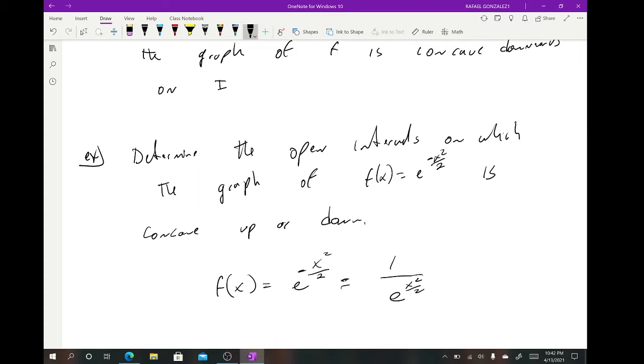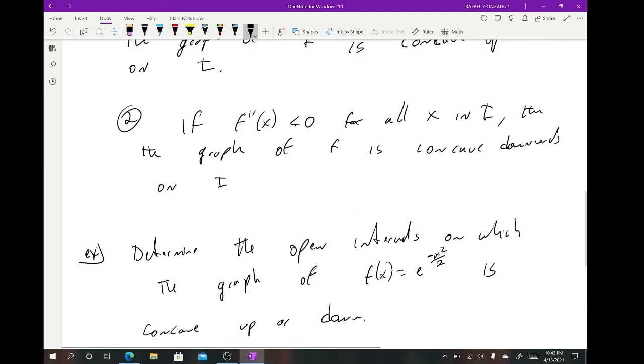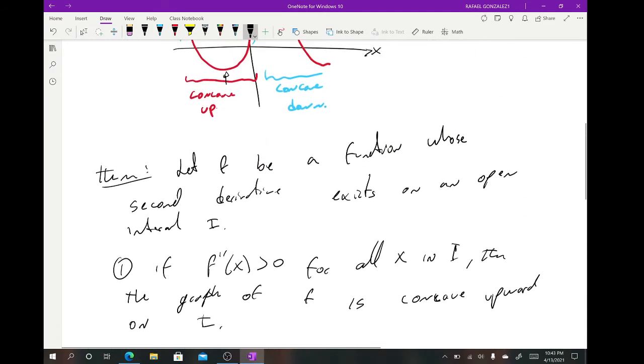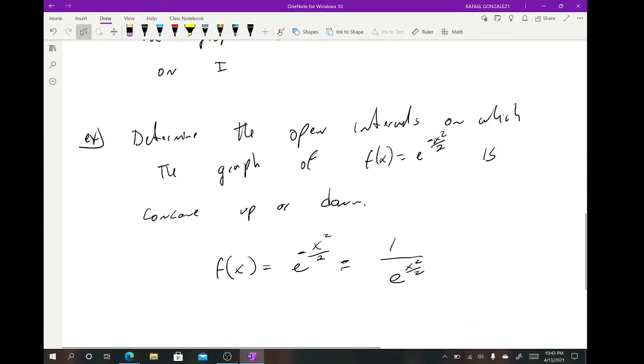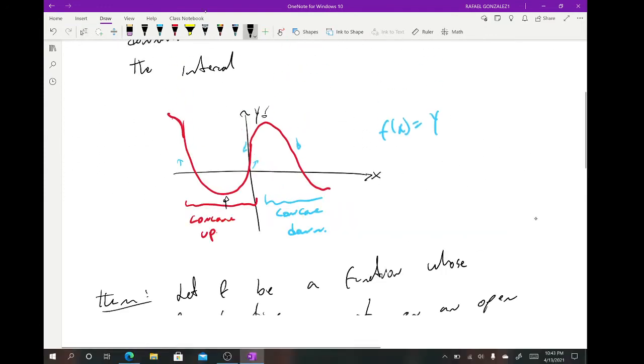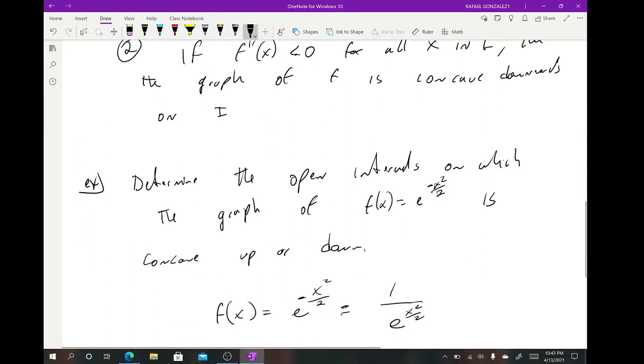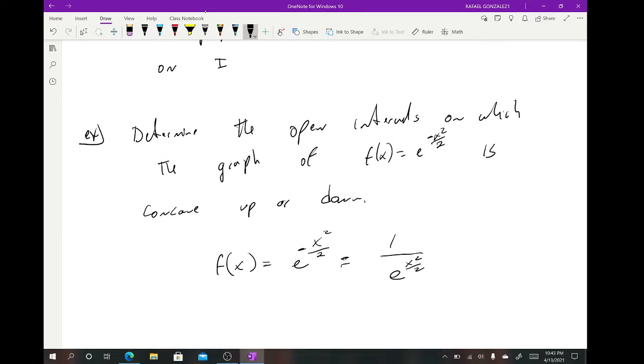Now, notice a couple of things. From this definition right here, we need f to be differentiable on an open interval. We know that the exponential function e is differentiable at all values of its domain, because we rewrote it as 1 over e to the x squared over 2. We just have to worry about the denominator not being equal to 0.